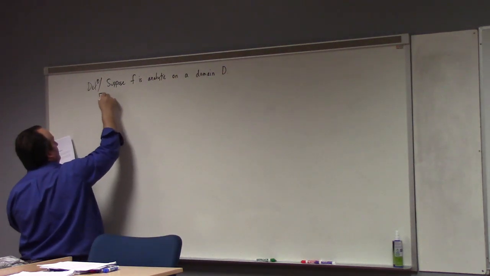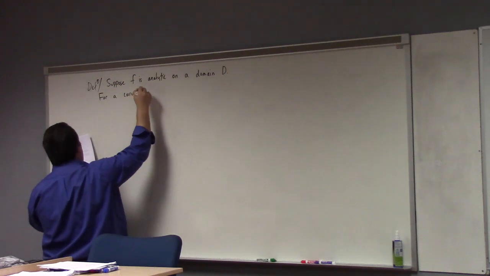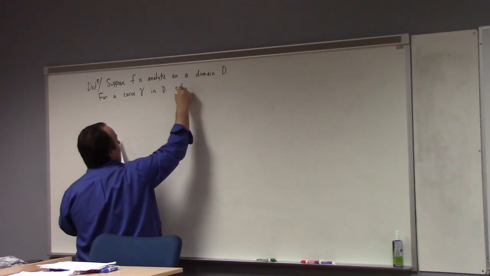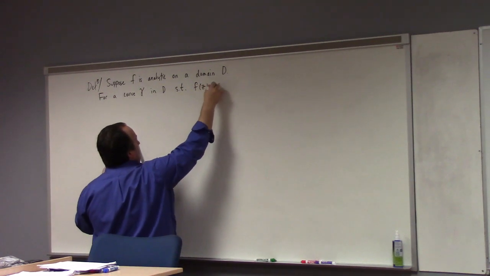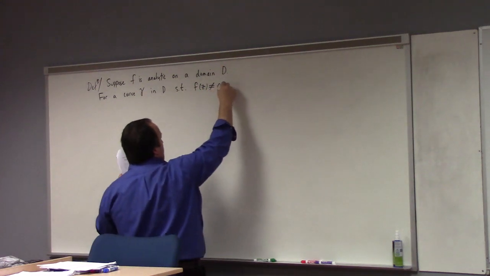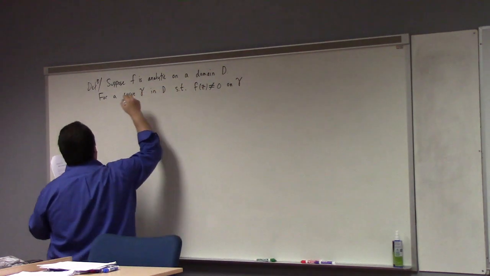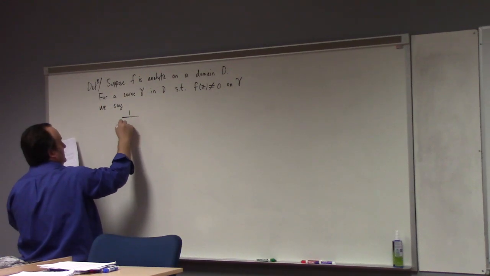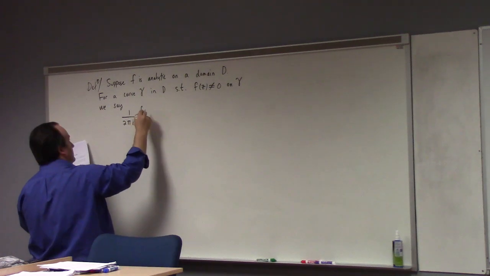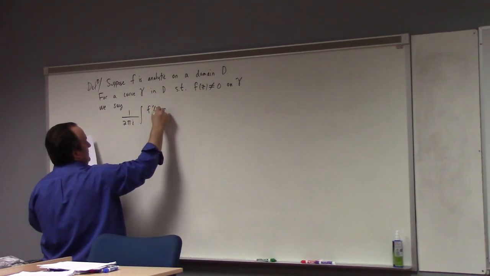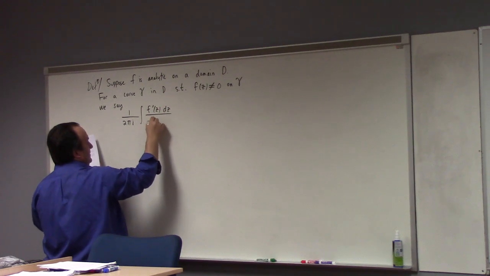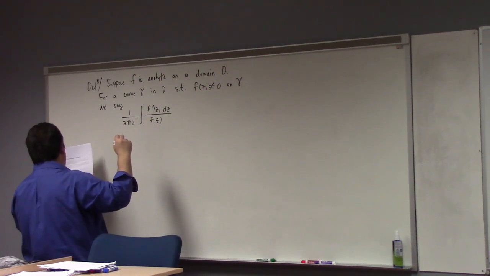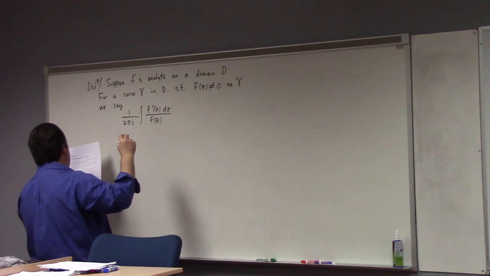For a curve gamma in D such that f of z is not equal to 0 on gamma, we say 1 over 2 pi i, the integral of f prime of z dz over f of z, is the logarithmic integral of f of z along gamma.